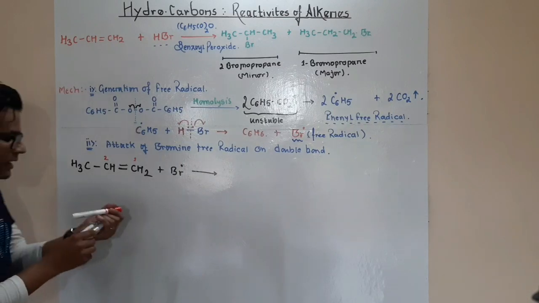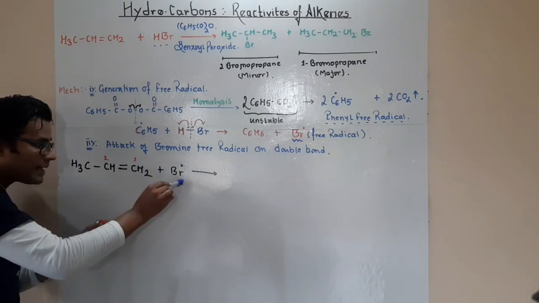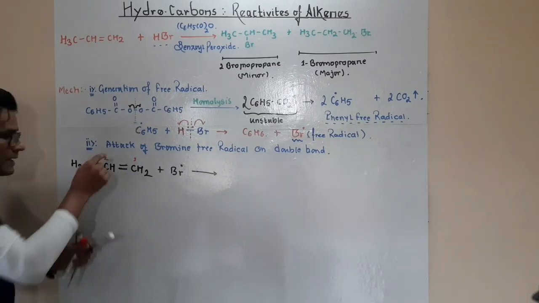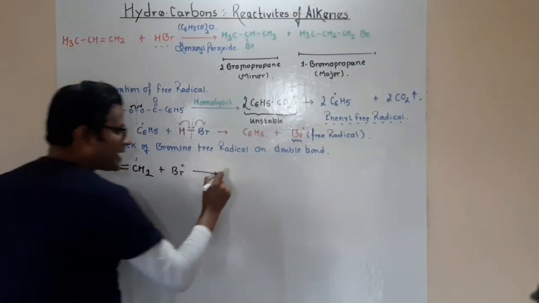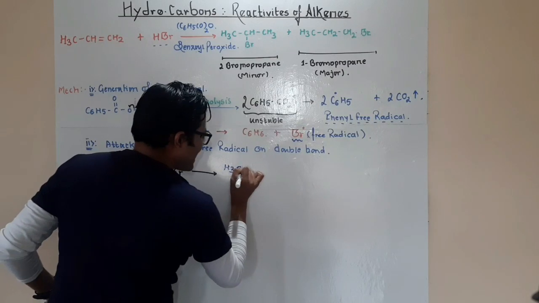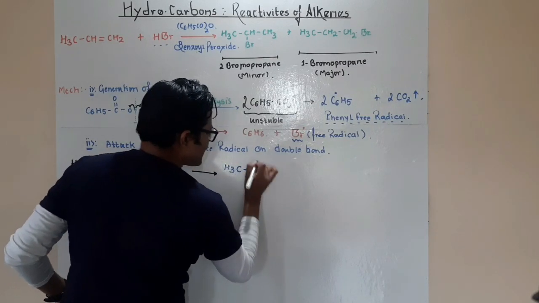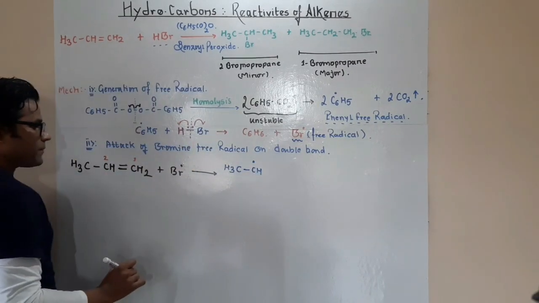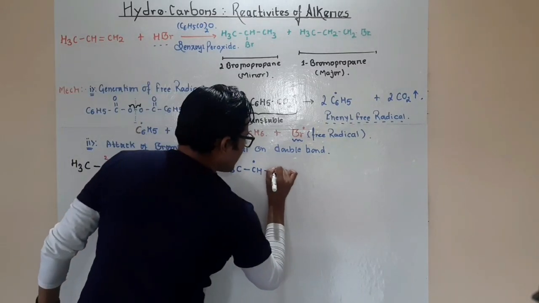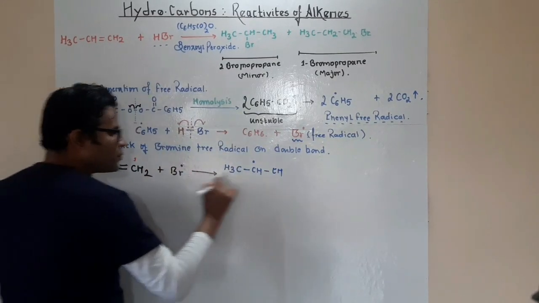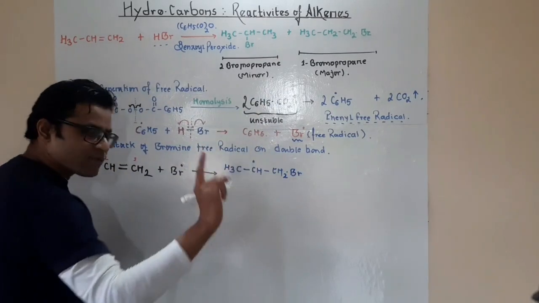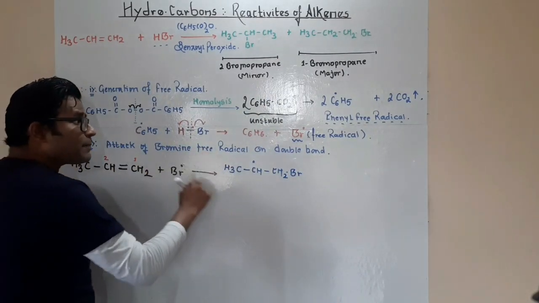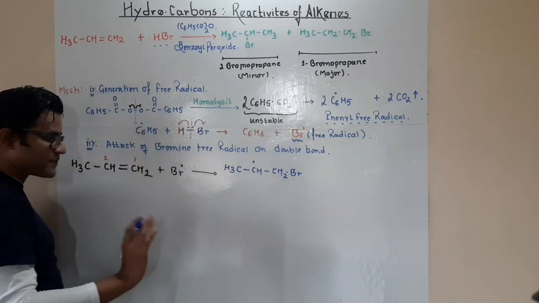If this particular bromine attaches to carbon number 1, that means 1 electron will go to carbon number 2, correct? So that time I am going to have CH3, CH with a dot, single bond, CH2 with a bromine. So this is one possibility. Again, the particular process is homolysis even in this case.